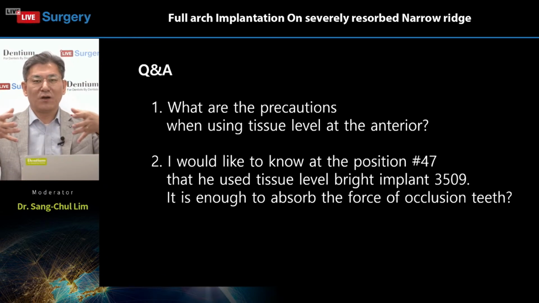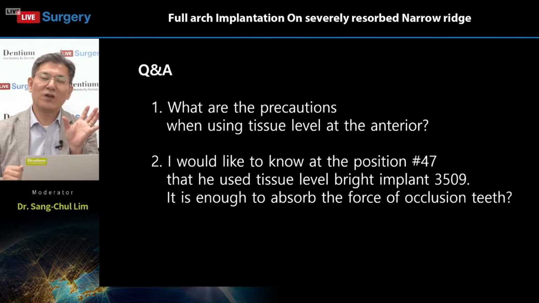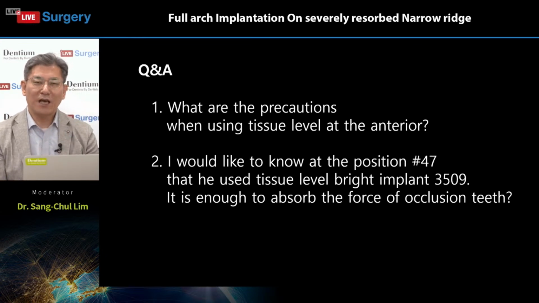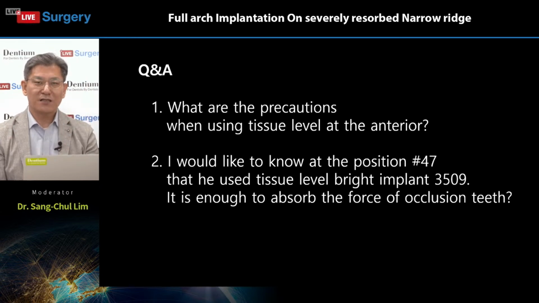The diameter at the top portion, the platform area, is almost the same. The internal connection from the bone level is a little bit risky and weaker at supporting the occlusal force on the posterior area. However, with this 3.8 platform and 3.5 body, the external connection tissue level can be endurable, right?